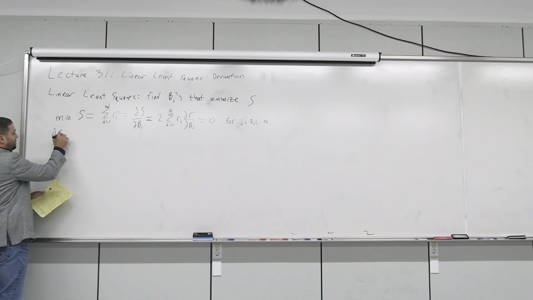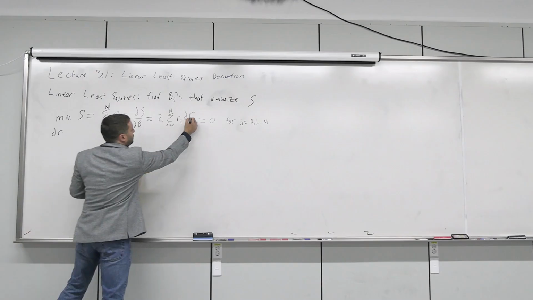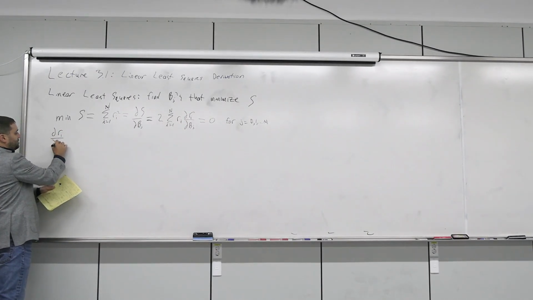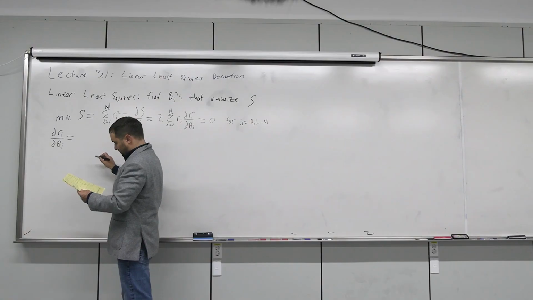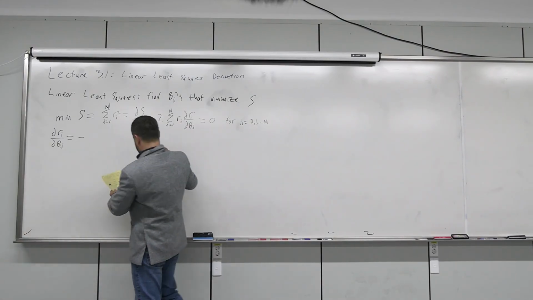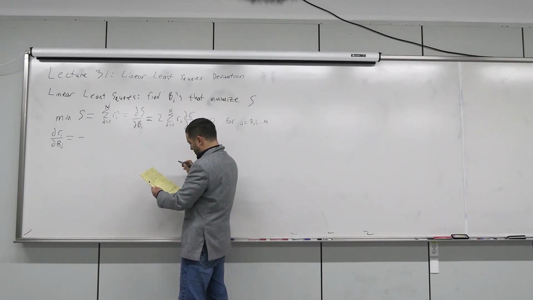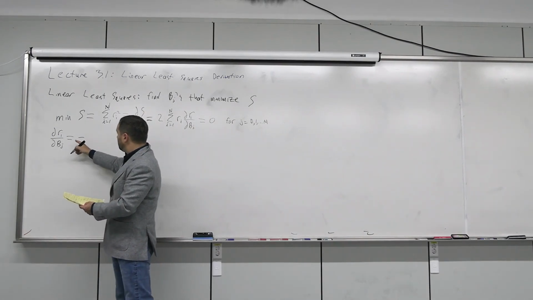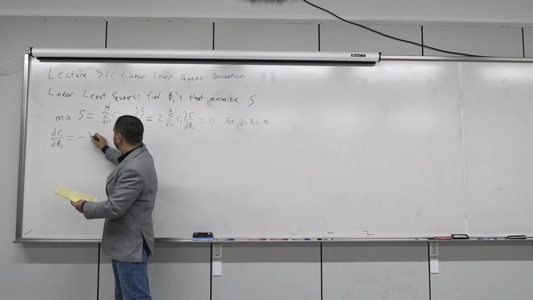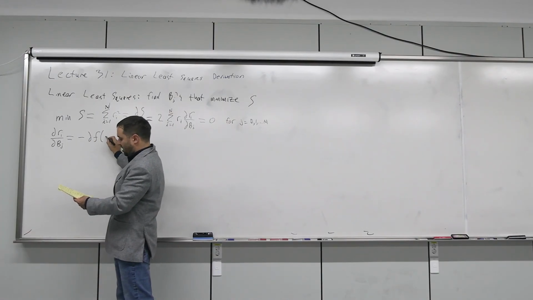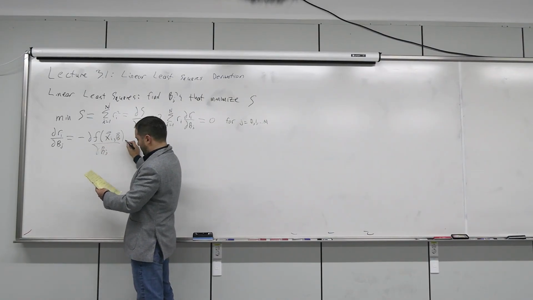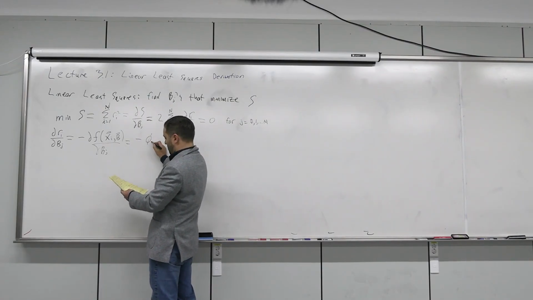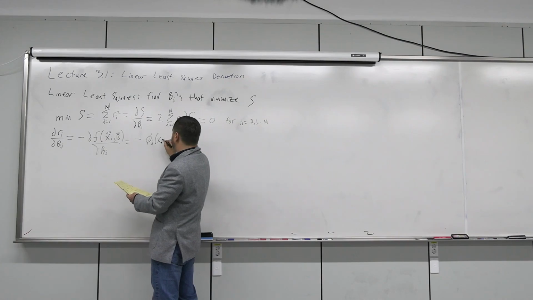The partial derivative of r_i with respect to beta j would equal negative the partial derivative of our assumed functional fit with respect to beta j, which equals just negative our regression function phi_j evaluated at input x_i.